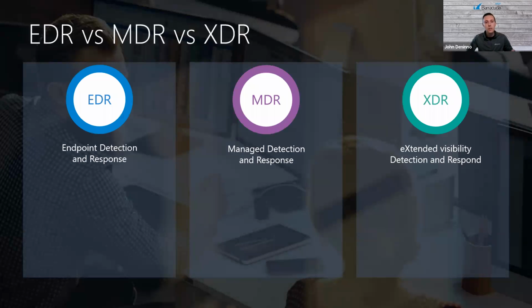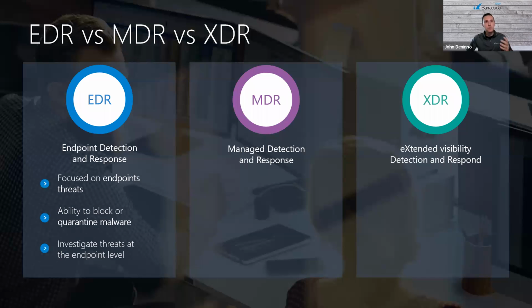At a high level, EDR, or endpoint detection and response, is going to solely focus on the endpoints and endpoint threats. It's going to give you the ability to block and quarantine malware, and it also provides somewhat of an ability to investigate threats, but focused on that endpoint level.